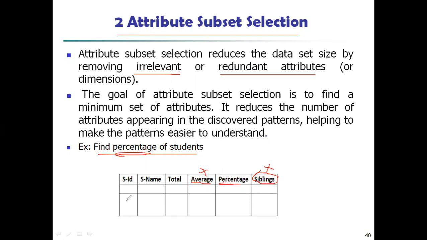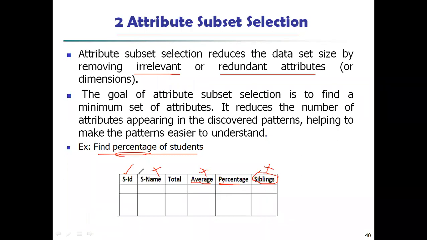This is the selection of attributes from the table. Sometimes you may remove even S name also, no need of S name. Why? Because the student ID is the unique identity of each and every student, isn't it? If you have the student ID number and total marks with the percentage, these 3 are enough.